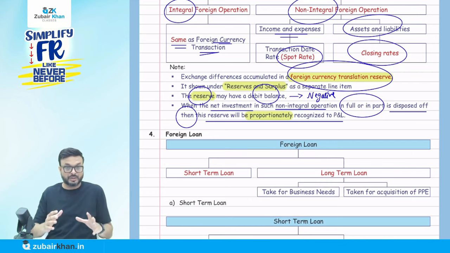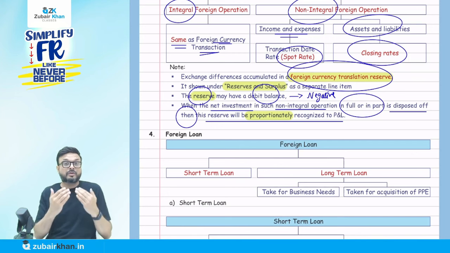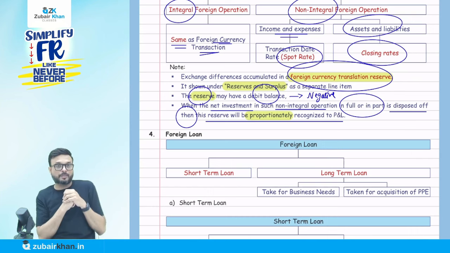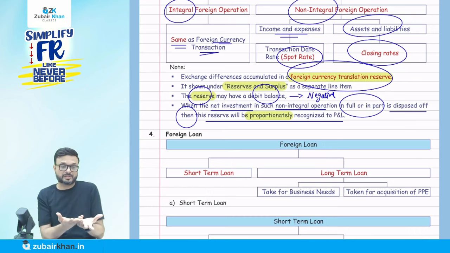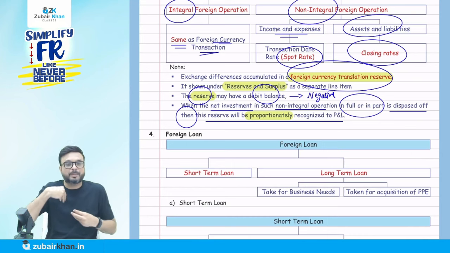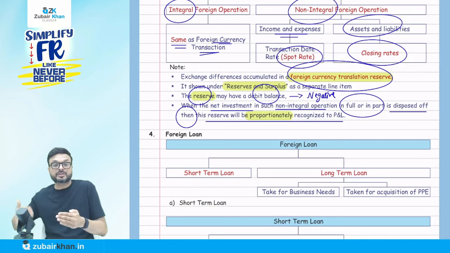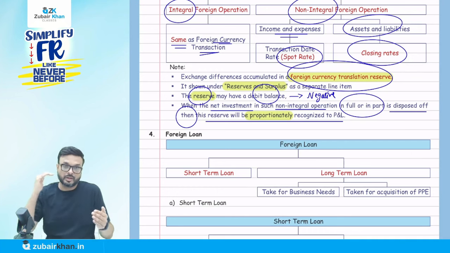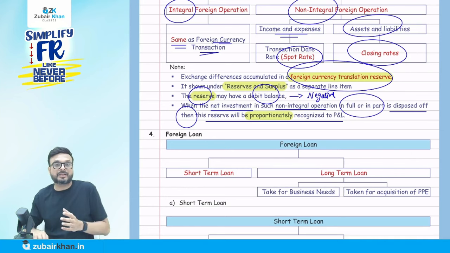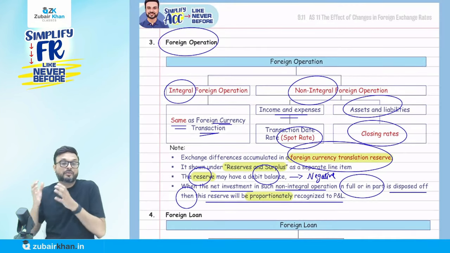The answer is no. The exception is that we can transfer it to the P&L account only when we dispose of the investment we have in the foreign operation, like the subsidiary or joint venture, or when we partially dispose of the investment. In that case only, that amount from the foreign currency translation reserve we can transfer to the profit and loss account. This is the accounting treatment that we have to do when we talk about foreign operations.